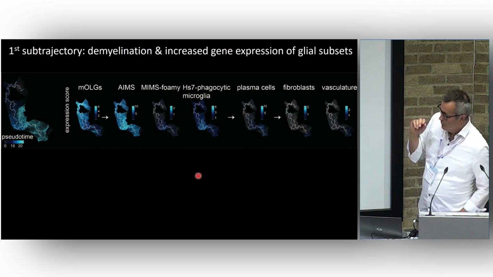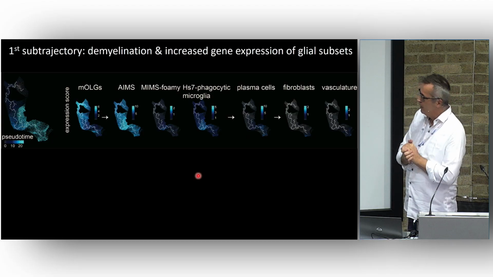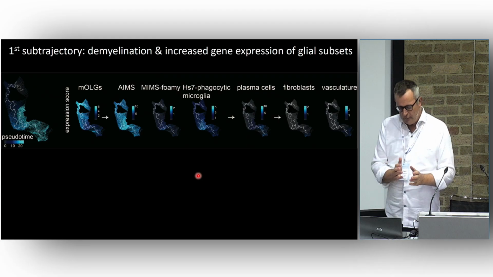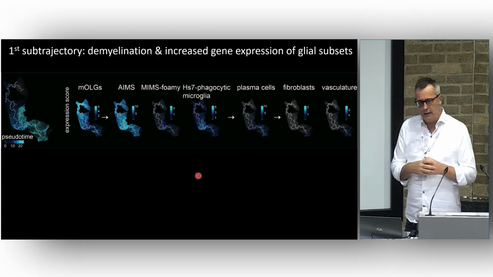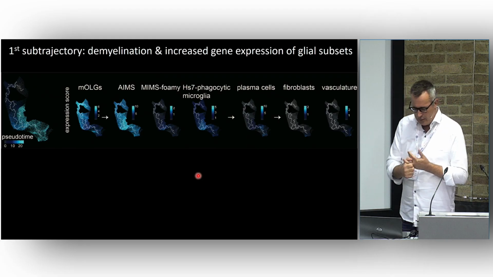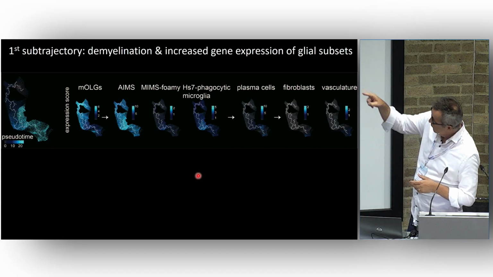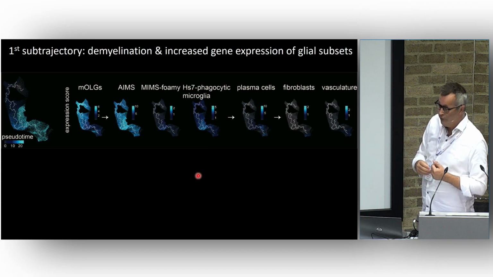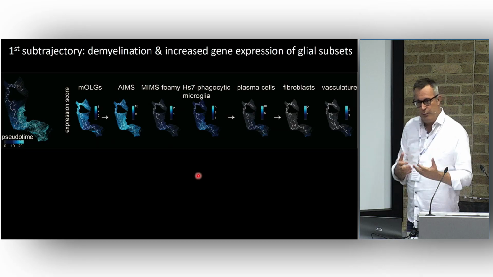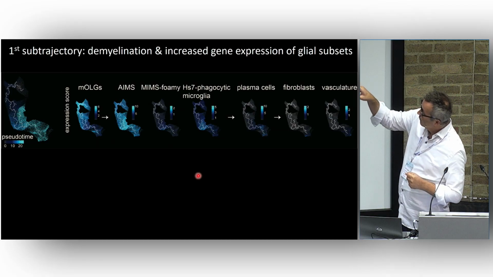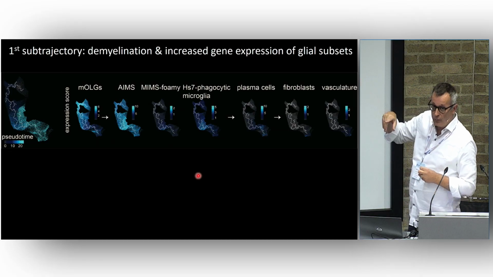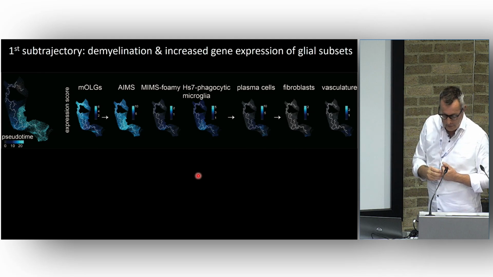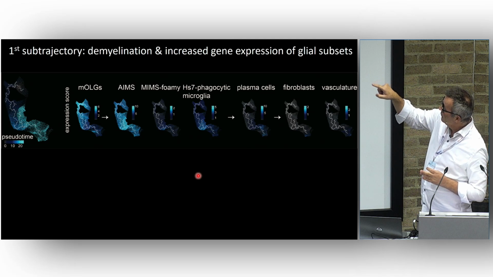So there are several layers of information that you can superimpose on these data. For instance, we know there's a whole bunch of cell types implicated in MS lesions: oligodendrocytes, microglia, that's the first one. These are mature oligodendrocytes. AIMS, astrocytes inflamed in MS, reported by Absinta. MIMS, microglia inflamed in MS, and foamy microglia, a microglia subset that we identified by single-cell sequencing of human MS lesions.